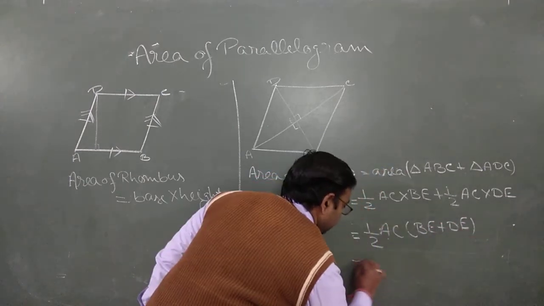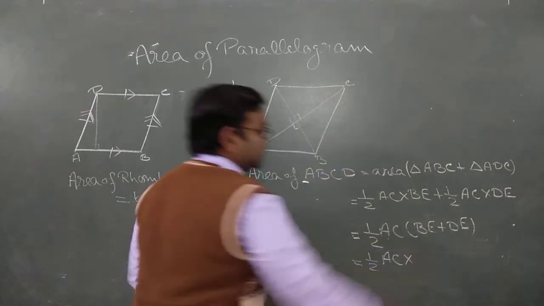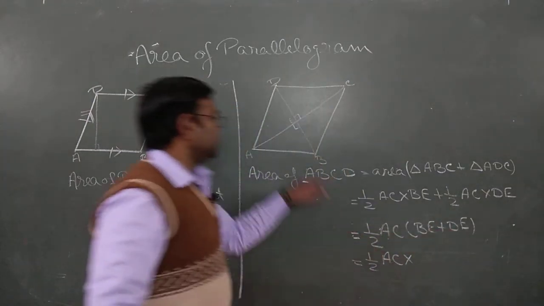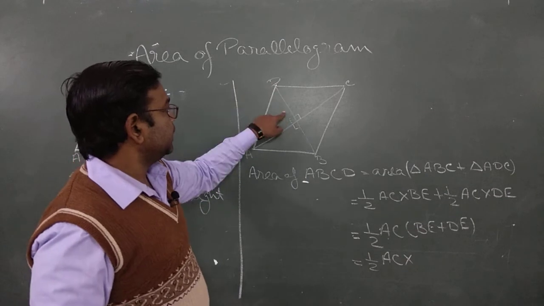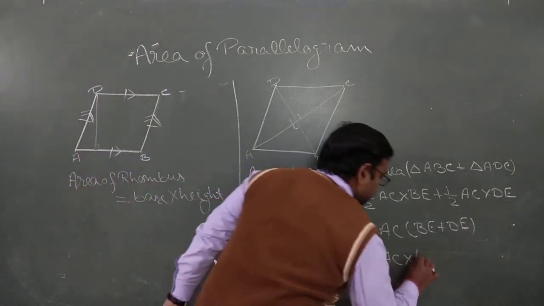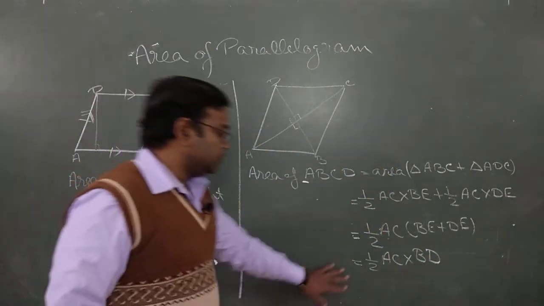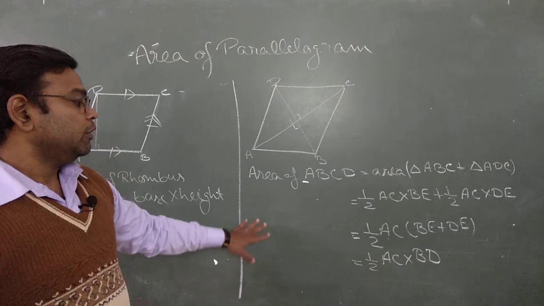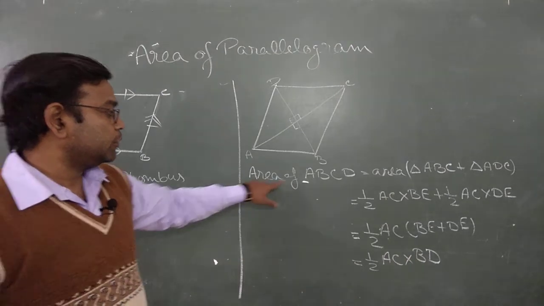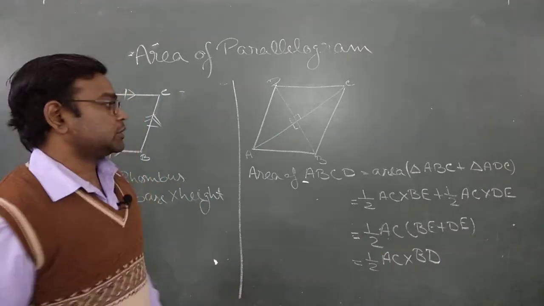Now again we can write down half of AC into BE plus DE. This represents the diagonal BD, na? So we can write down BD. What formula do we have from this? We have the formula: area of rhombus equals half into product of diagonals.